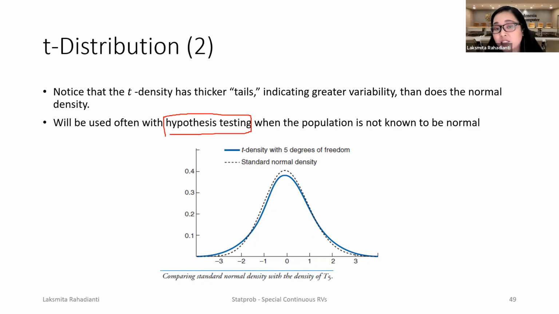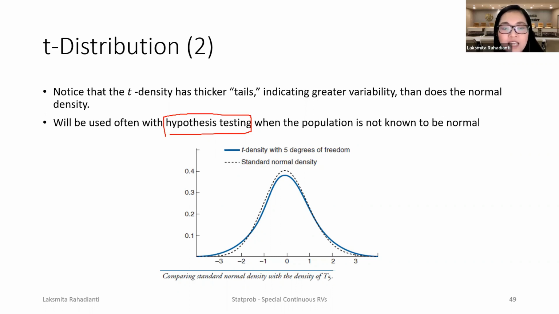As I said, it's a safe bet to assume that it would follow the normal distribution. But it would also be very premature if you just assume that everything was normal. So instead of assuming that this is a normal distribution, you can more safely assume that it would follow a T distribution, which is still a derivation of normal. It follows the same properties as normal. However, that way you don't overclaim your data.